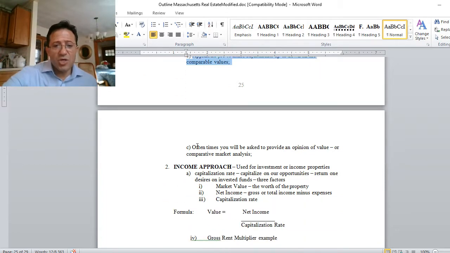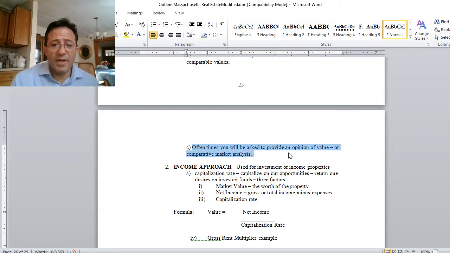Now, oftentimes you, as a real estate agent, will be asked to provide an opinion of value, okay, or a comparative market analysis. I call it a CMA. And so you, as a real estate agent out on the market, will need to do this process.